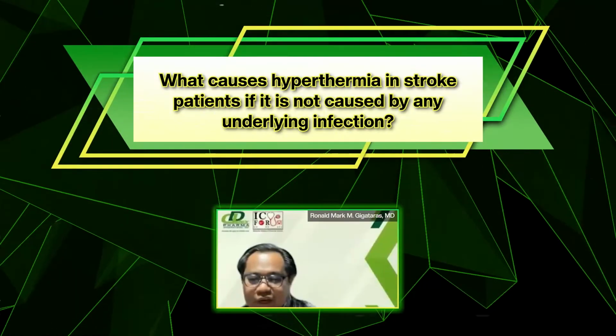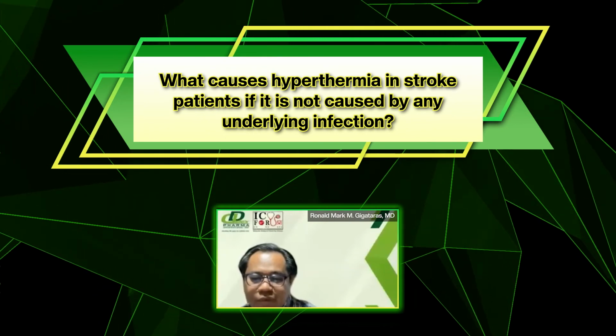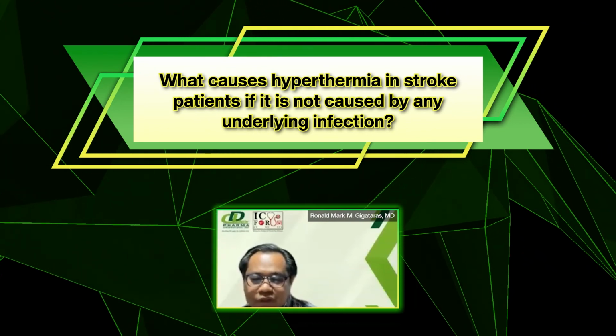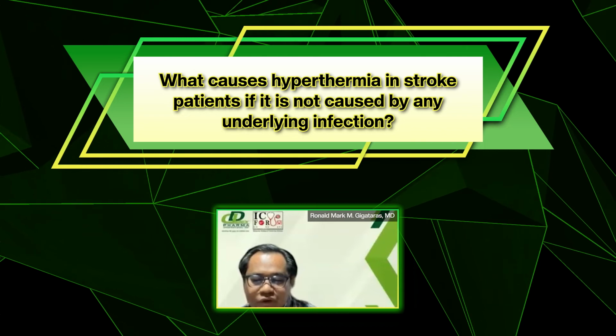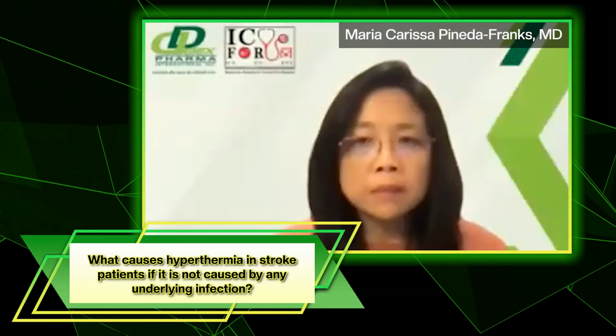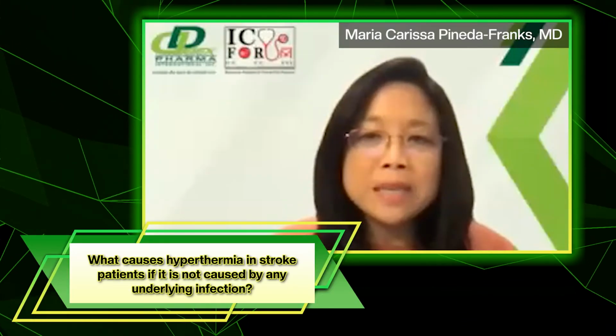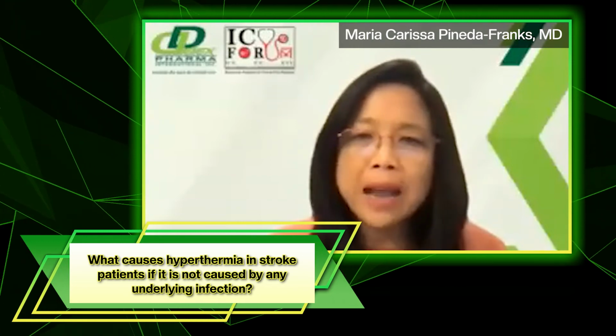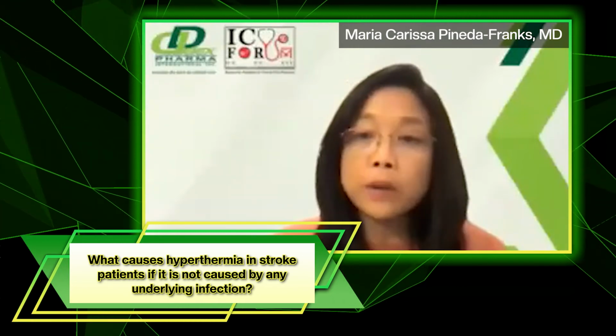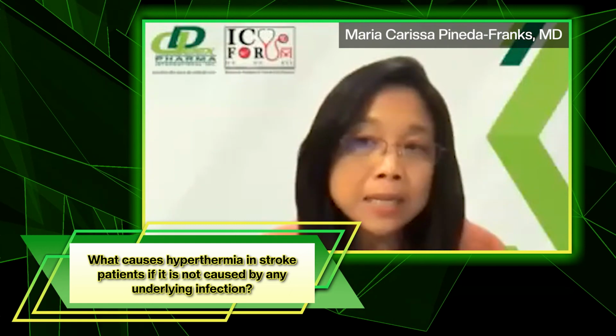And this is the last question in the Q&A box for Dr. Risa Franks. What causes hyperthermia in stroke patients if it is not caused by any underlying infection? So we've seen patients who come in, yes, you're right, it's more of a reactive cause, an inflammatory process. And interestingly, when a fever is noted upon admission, automatically you go into your septic mode looking for the cause, and you don't find any.